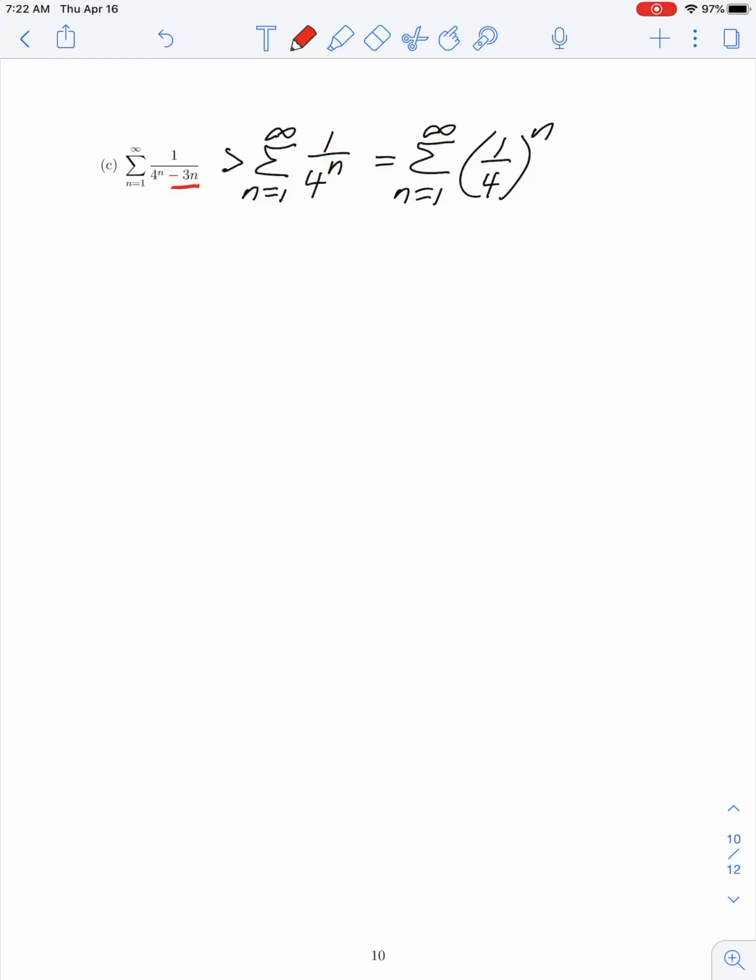So this series that I'm looking at on the end is geometric. And the absolute value of the ratio r is 1/4, which is less than 1. So this geometric series is converging, but since the series that I'm given is larger than that, I can't make any conclusion using a direct comparison.